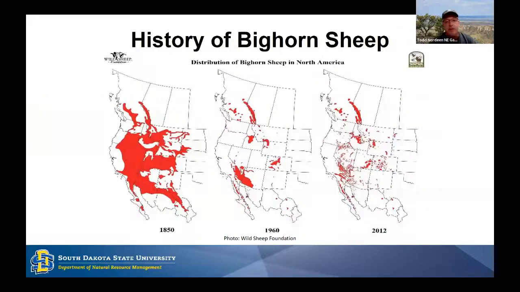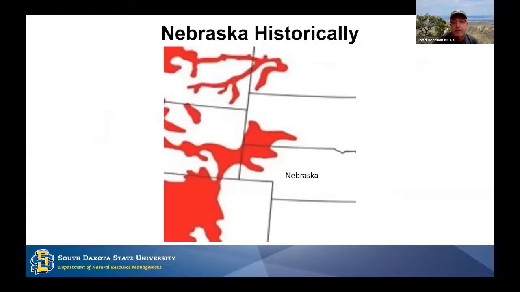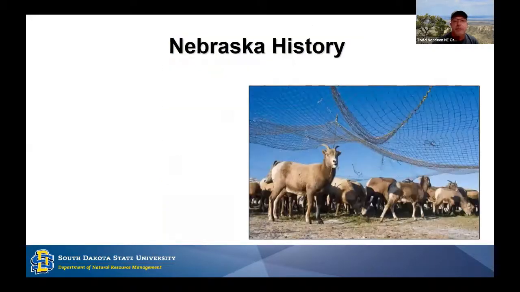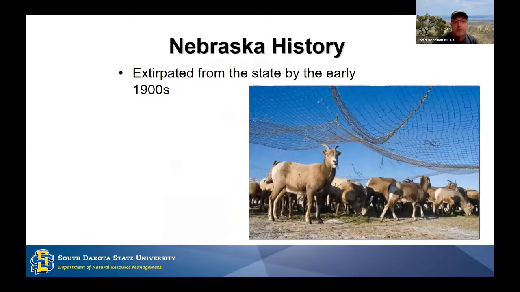So you've all seen this distribution map over the years of what it looked like historically. As you zoom into Nebraska, you can see what our historic range looked like, mostly covering the western fourth of the state. They were extirpated from the state by the early 1900s.